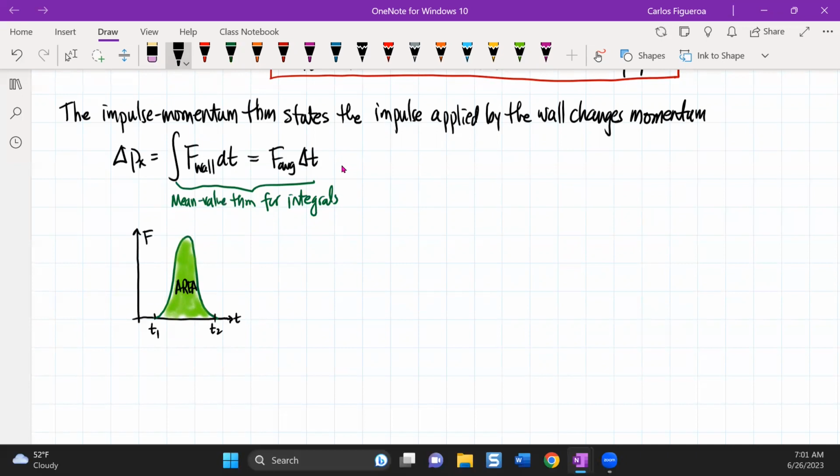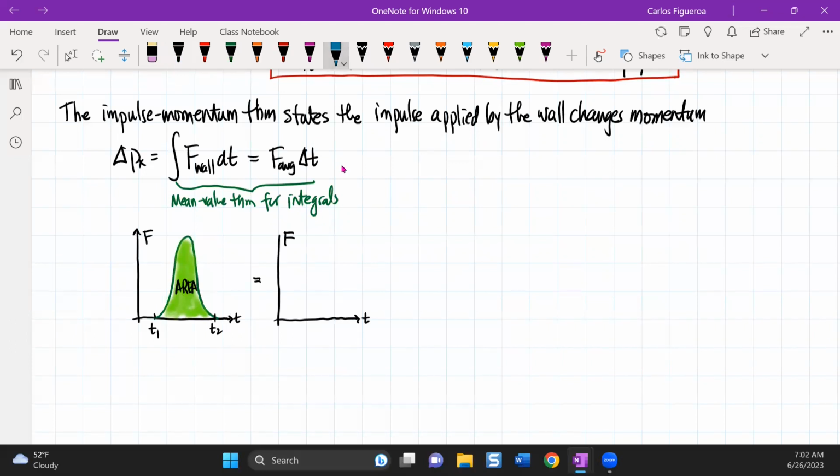On the other hand, we have something else. The mean value theorem says, as long as the areas are the same, I can't tell the difference.